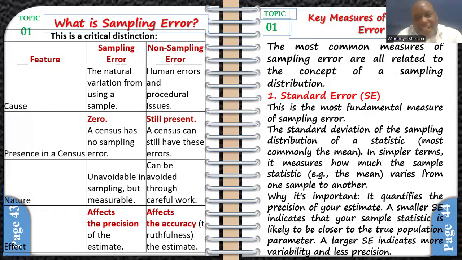In simple terms, it measures how the sample statistic varies from one sample to another. This one quantifies the precision of your estimate. A smaller standard error indicates that your sample statistic is likely to be closer to the true population parameter. A larger standard error indicates more variability and less precision.